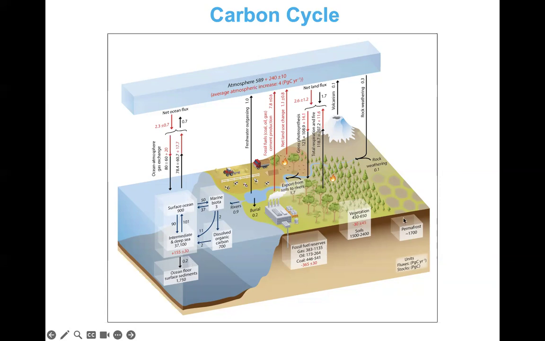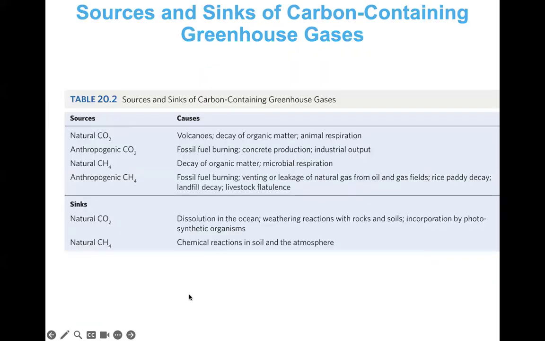Permafrost, of course: if you have carbon, CH4, below the permafrost, it'll be preserved. But if this melts, if it thaws, basically CH4 is released. There are lots of things going on here. We have also volcanoes, they also emit carbon, and so on.